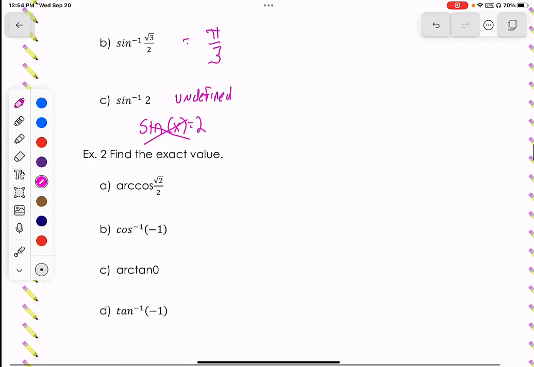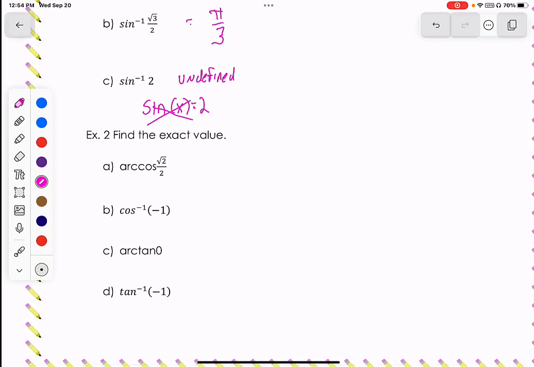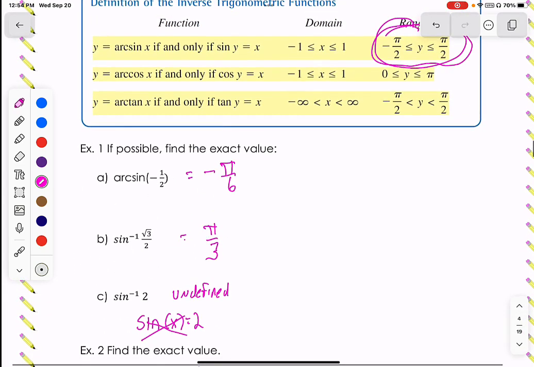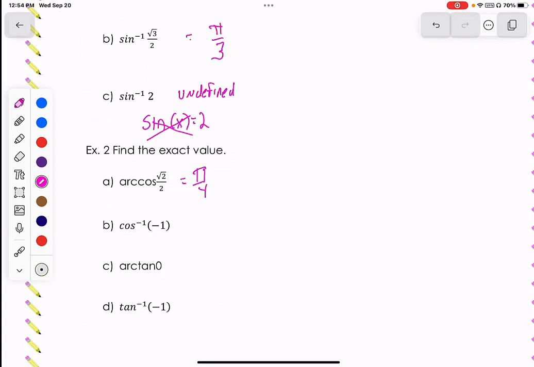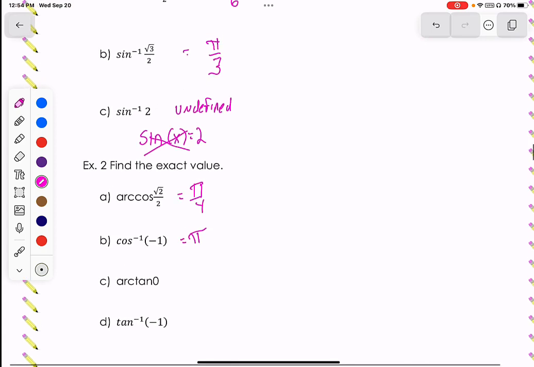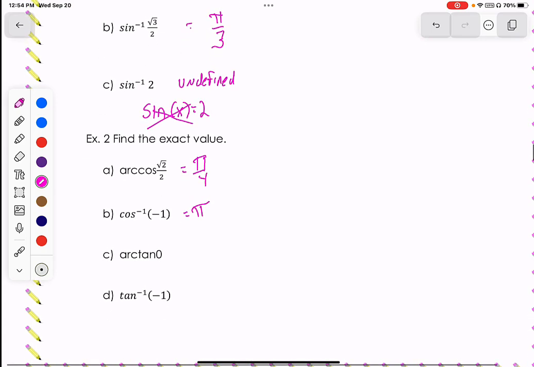Let's try a second example with cosine and tangent. What angle has a cosine of the square root of 2 over 2? Again, that's going to be pi over 4, as our restriction is that the angle has to be between 0 and pi. How about what angle has a cosine of -1? Again, we can say that that's going to be pi. What has an arctan of 0?